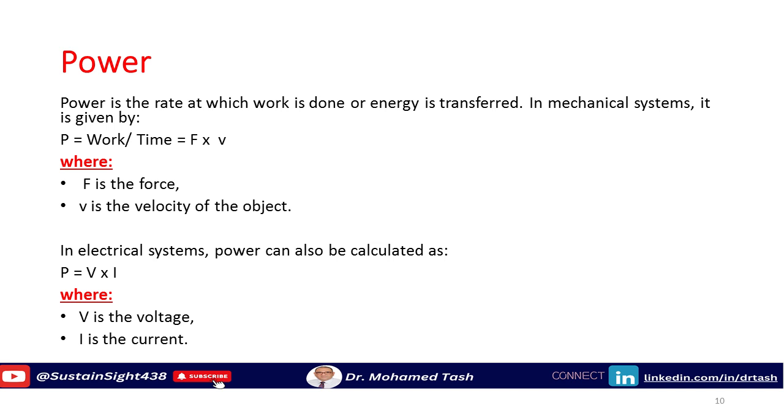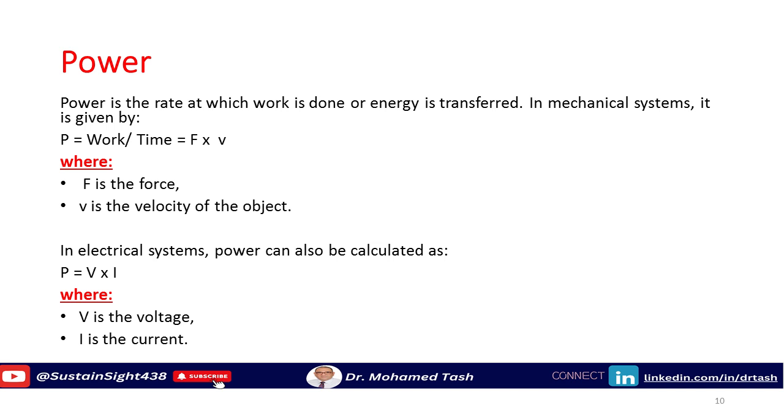Consider an appliance plugged into an outlet. The power it consumes depends on both the voltage of the electricity supply and the amount of current it draws. A higher voltage or a higher current or both means this appliance is using more electrical power.